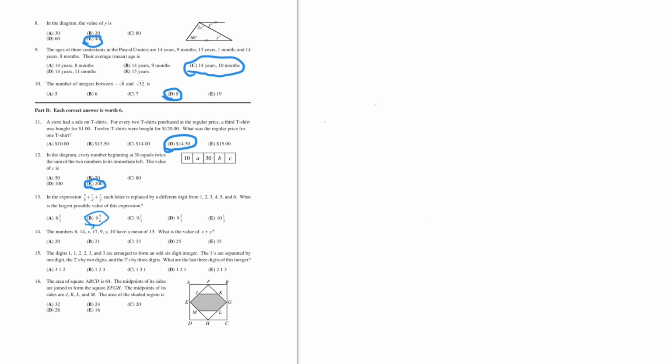Number 14. The numbers 6, 14, x, 17, 9, y, 10 have a mean of 13. What is the value of x plus y? The mean is the average. The average is the sum of the numbers divided by the number of numbers.